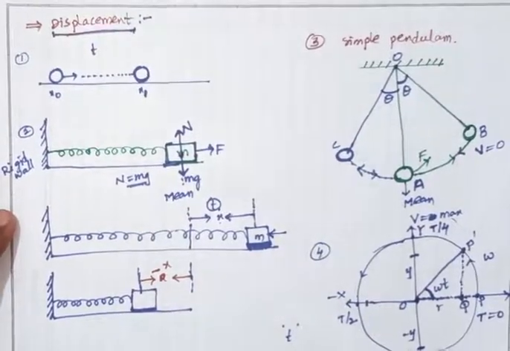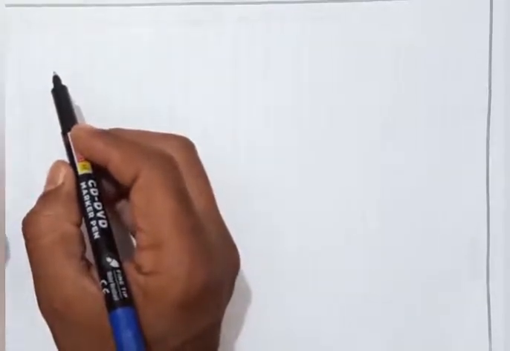So we are considering the displacement. The displacement from the uniform circular motion of a particle also gives oscillatory motion.